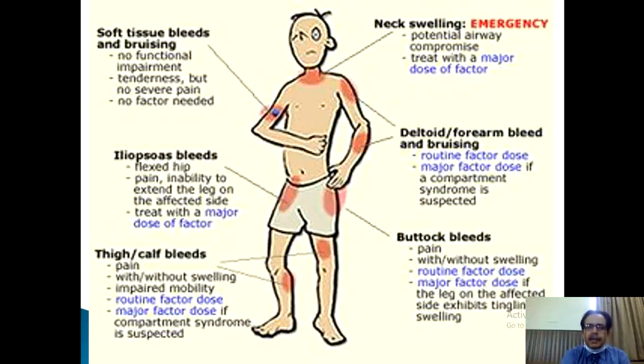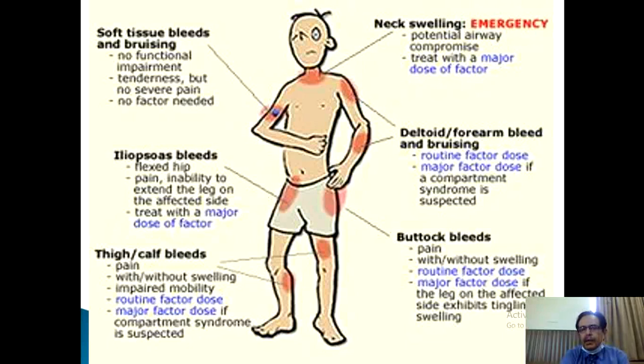Here the arm can become non-functional, and there will be tenderness but no severe pain, and in this case no factor replacement is required. In the lower arm the bleeding is lesser in amount and it can resolve automatically without the administration of factor 9.